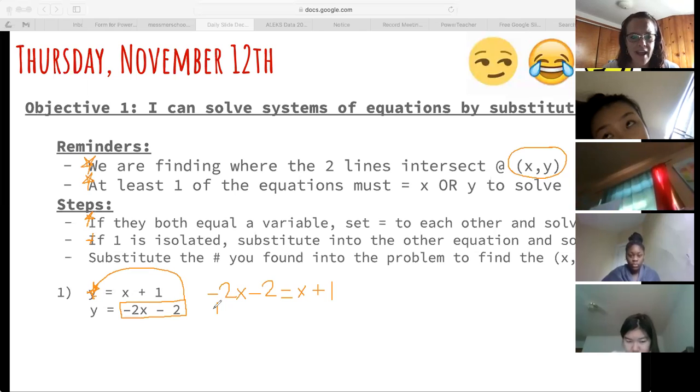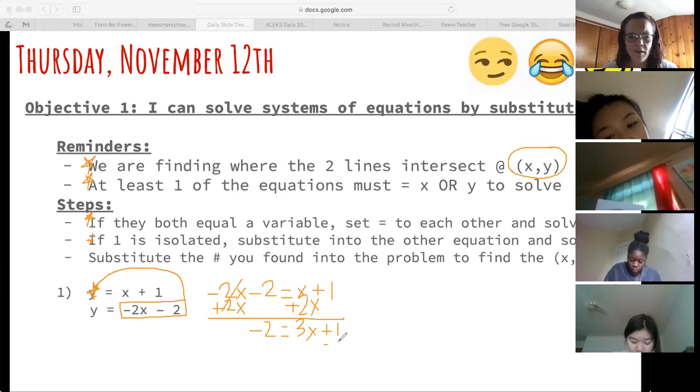So I'm going to add my 2x over here. I like to make my negatives positive. You could have gone the other way. You could have subtracted the x over, it doesn't matter. So I'm going to have negative 2 equals 3x plus 1.